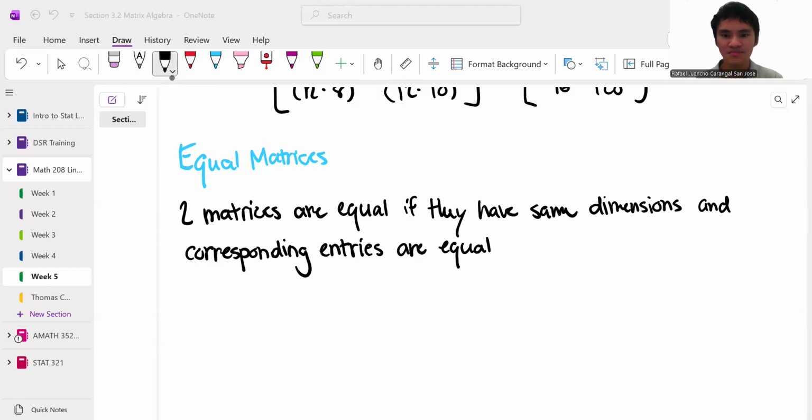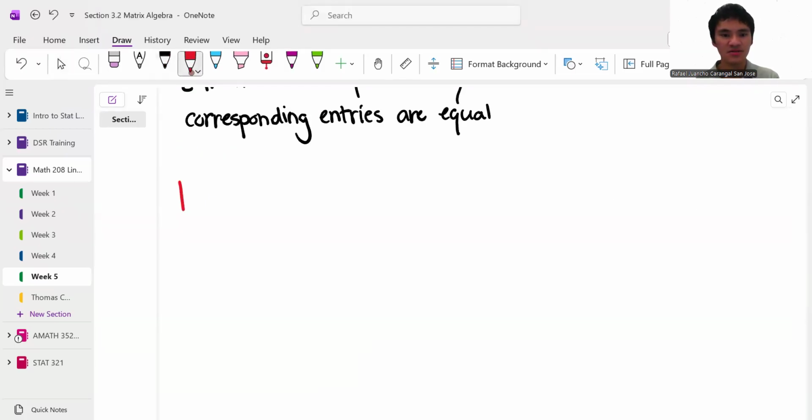So we just went over two concepts in this definition, and I'm going to write down the definition.